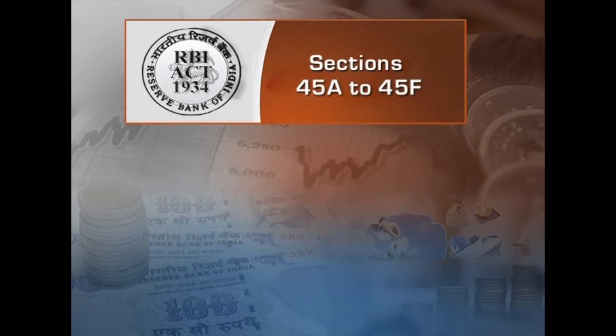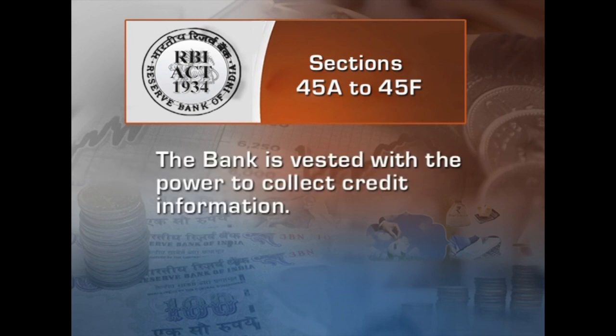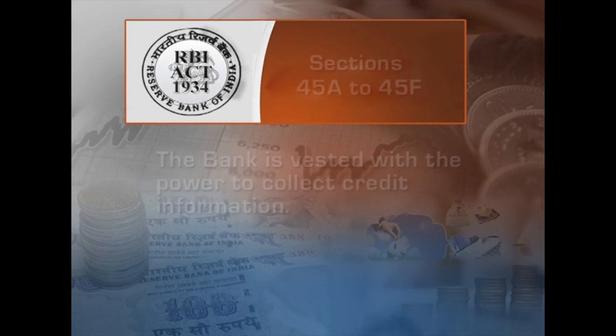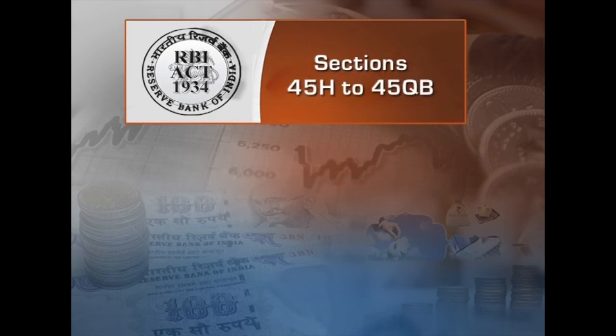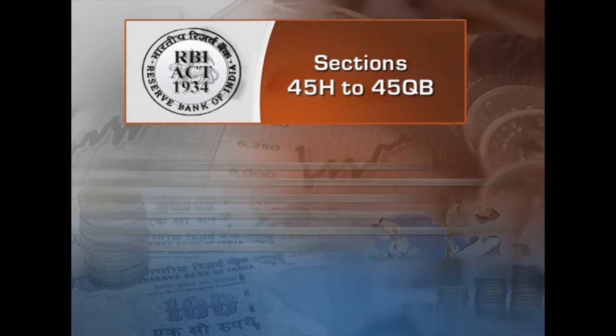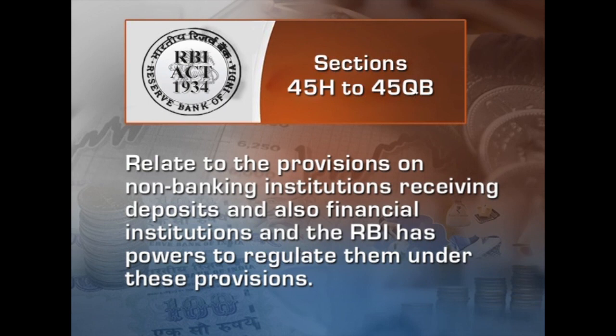D. Under Sections 45A to 45F, the bank is vested with the power to collect credit information. E. Sections 45H to 45QB relate to the provisions on non-banking institutions receiving deposits and also financial institutions, and the RBI has powers to regulate them under these provisions.